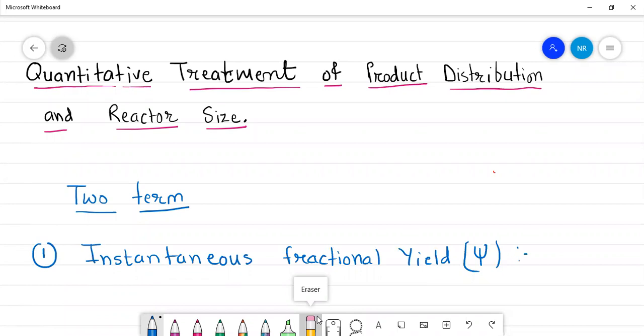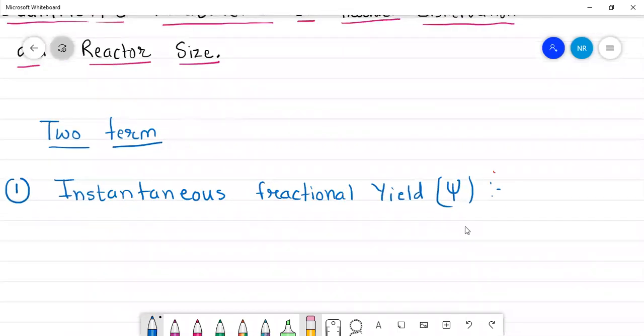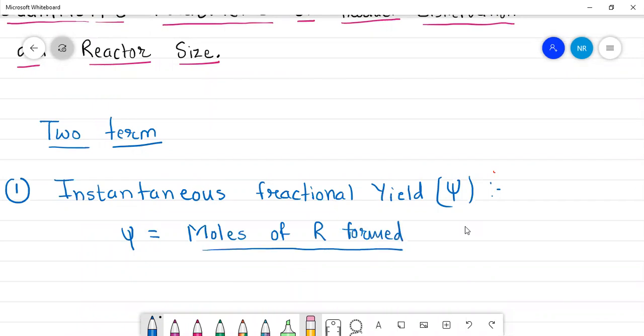For example, a reaction starts. After 2 minutes, if I want to find out what the yield is at that point, that is called the instantaneous yield. We can define instantaneous yield psi as moles of R formed per moles of A reacted.